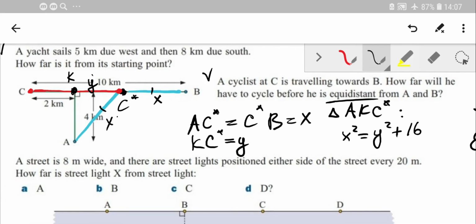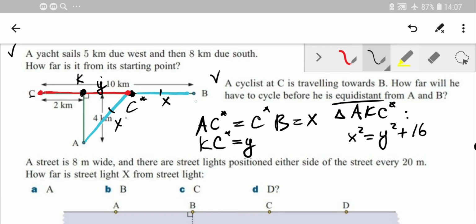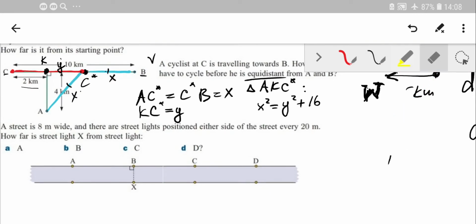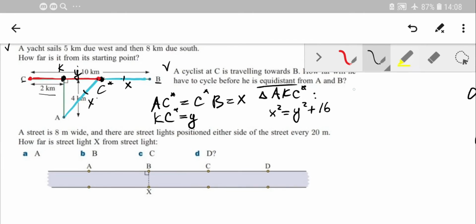We also know that the total distance from C to B consists of several parts. It consists of the segment 2 kilometers, then y, and then the left is x. So we can complete a new equation for that. The new equation will be 10 km equals 2 plus y plus x.